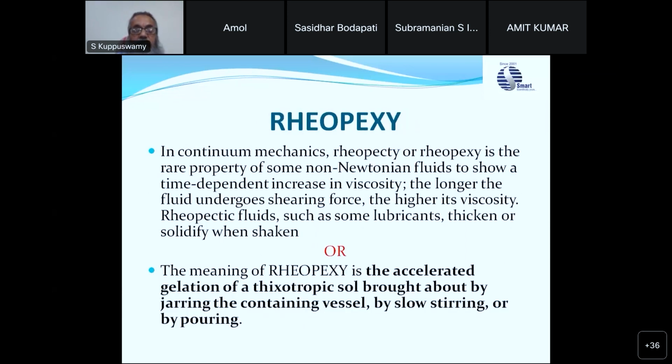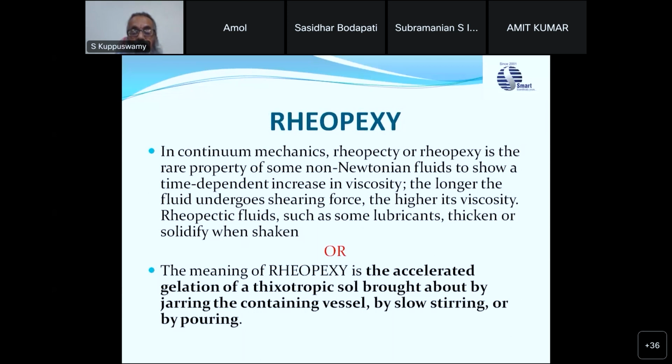So another one is rheopexy. In continuum mechanics, rheopexy is the rare property of some non-Newtonian fluids to show a time-dependent increase in viscosity. The longer the fluid undergoes shearing force, the higher its viscosity. It's directly proportional.